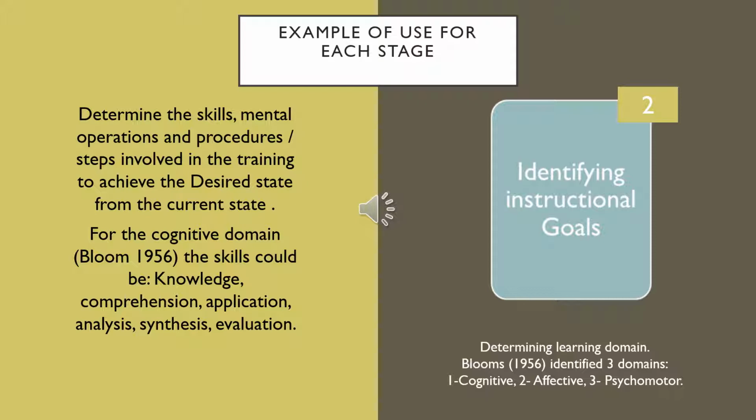So determining the skills, the mental operations, and the procedures and steps involved in the training, again to achieve the desired state from the one where we are now. For the cognitive domain, the skills could be knowledge, comprehension, application, analysis, synthesis, or evaluation.